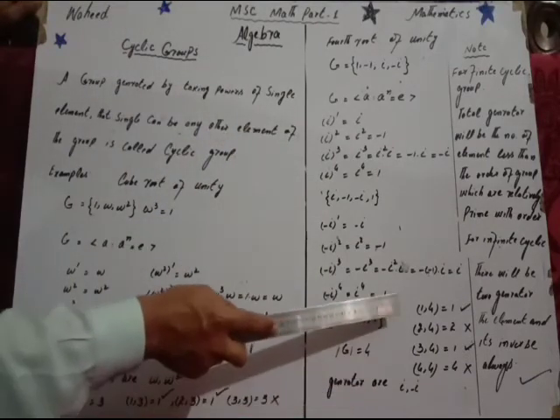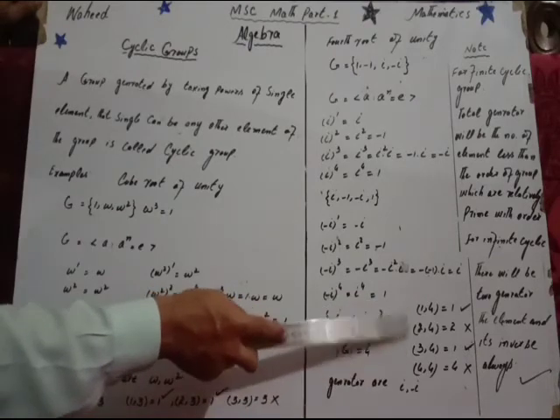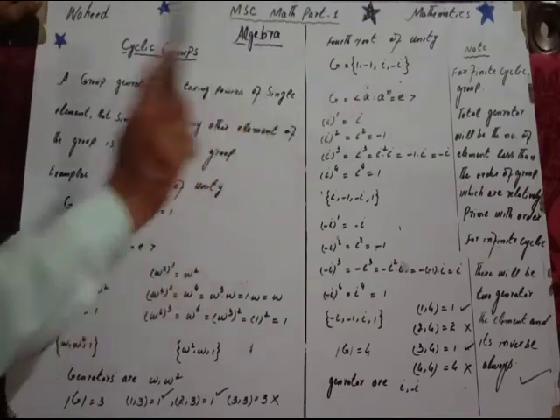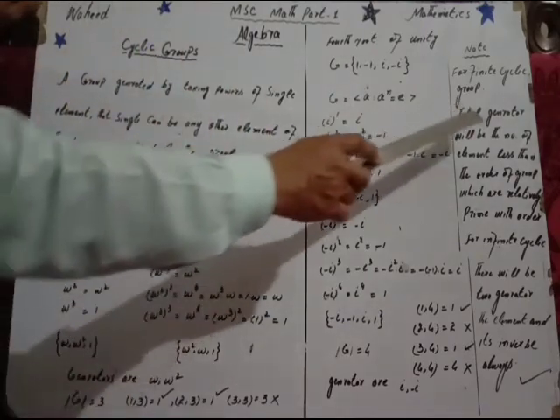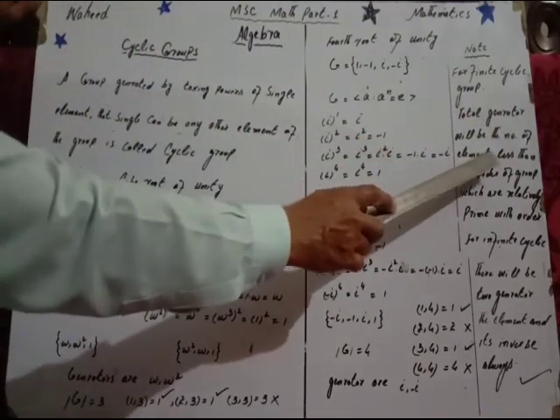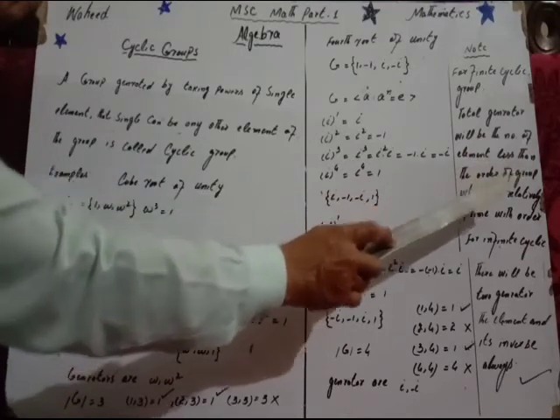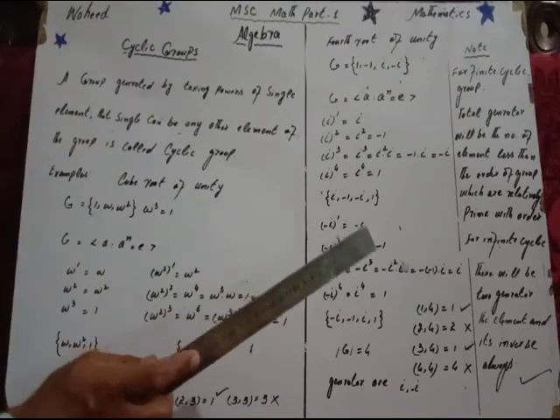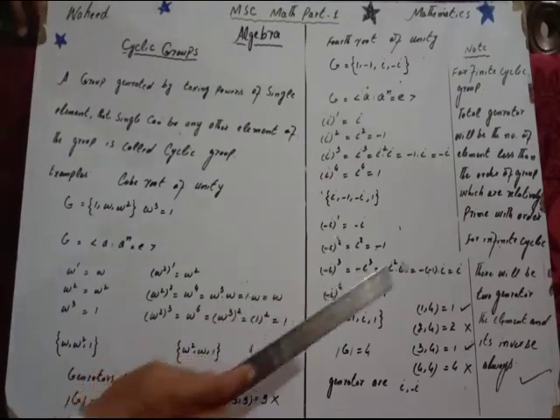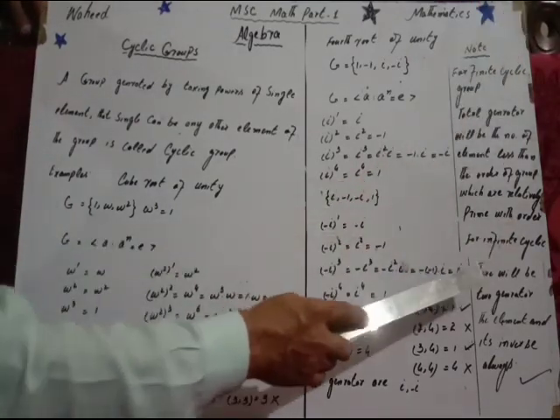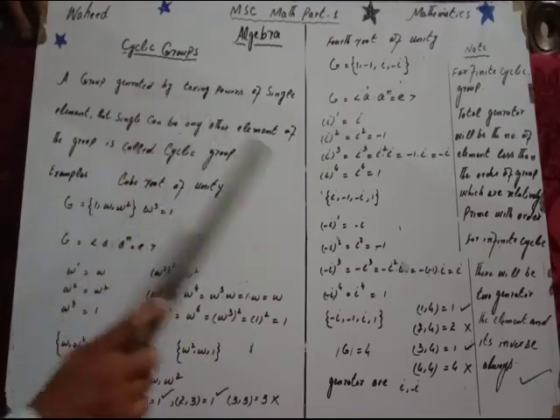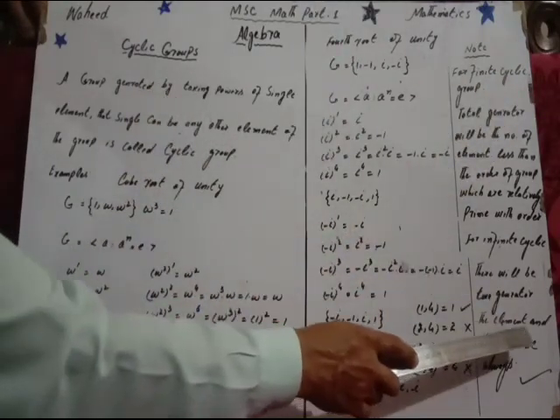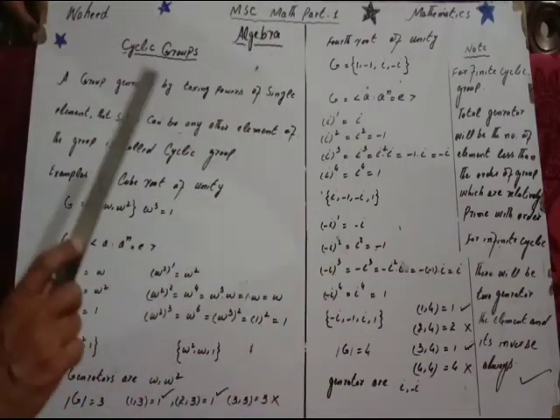The total number of elements relatively prime with 4 is 2, so the total number of generators of that group is 2. On the other hand, for an infinite cyclic group, if the group is infinite, then there will be exactly two generators, the element and its inverse, always.